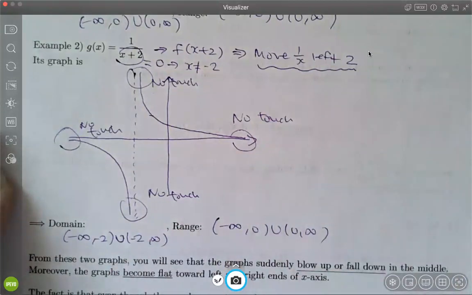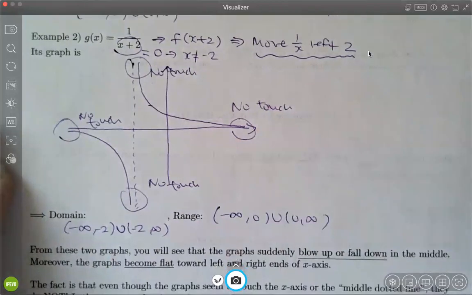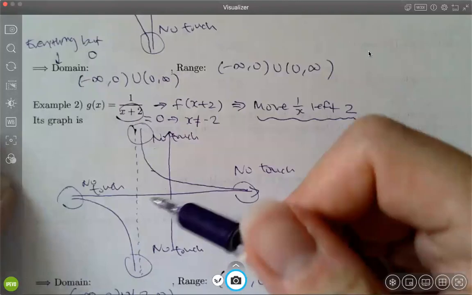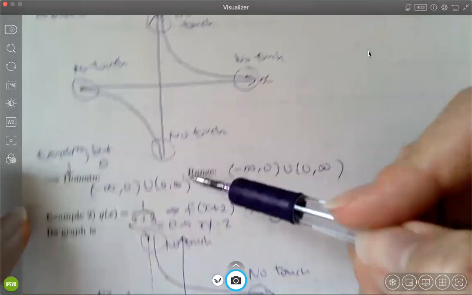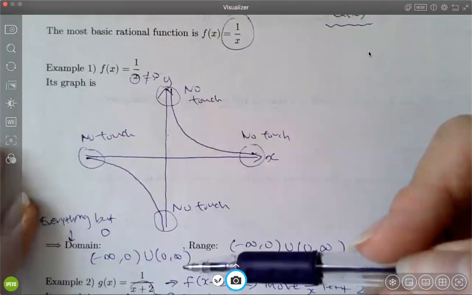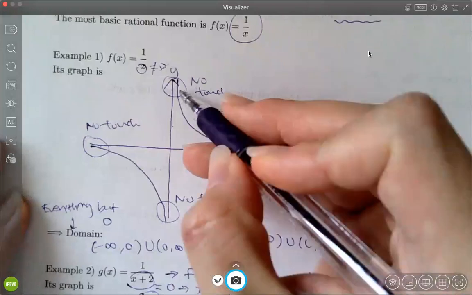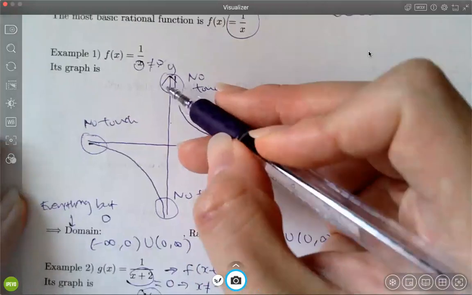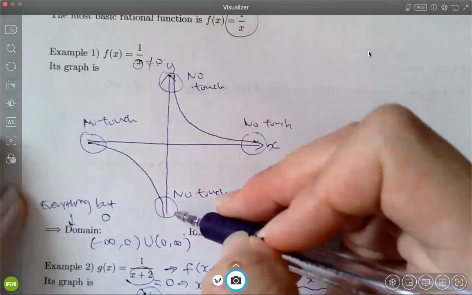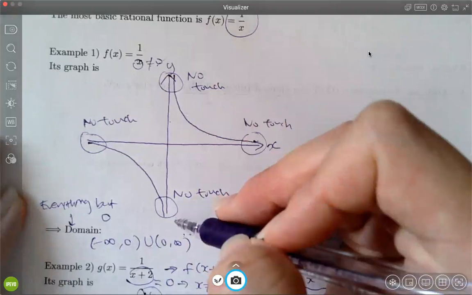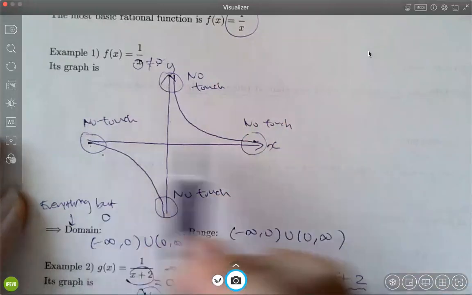Again, you can see that some portions of the graphs, either here or here, blow up. Where do they blow up? Here, right? And some portion falls down right here. What about these two? These two do not blow up or fall down, right?